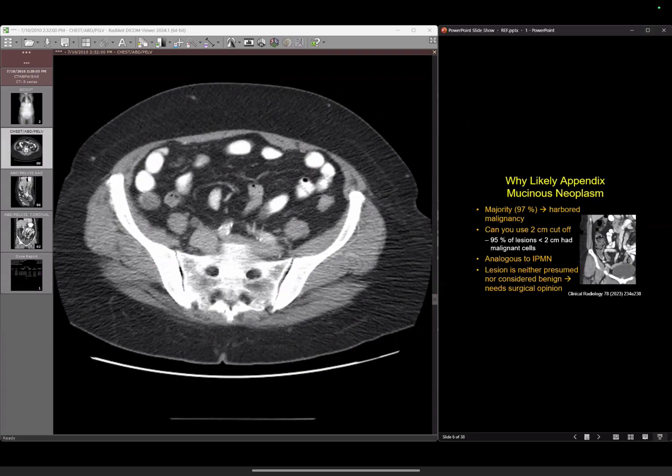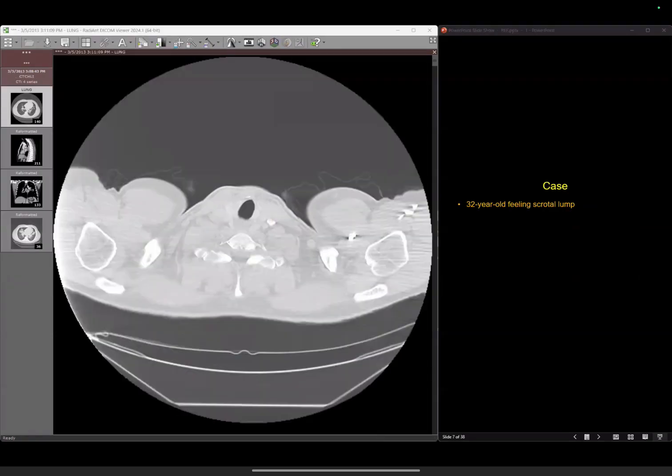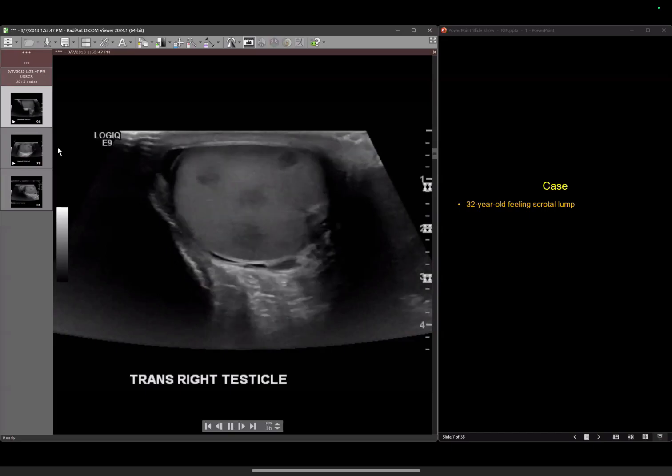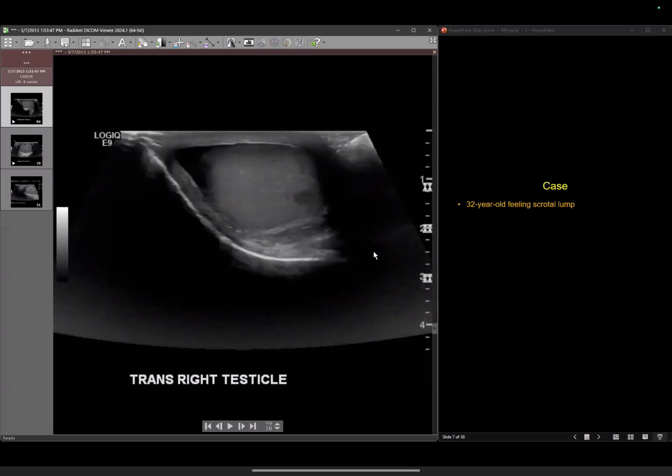Now, the next patient is a young 32-year-old patient who is feeling a scrotal lump. So I'm going to show you the images, and we can scroll through.